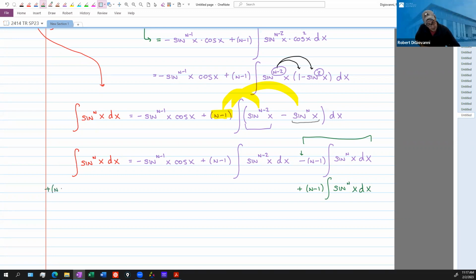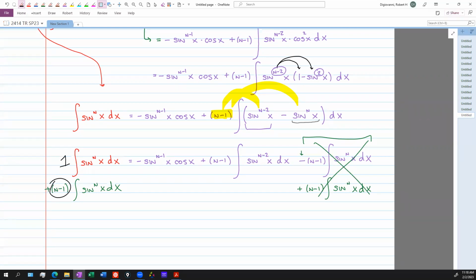So I'm adding n minus 1 of these integrals to this side. And then on the right side, of course, it goes away, right? And on the left side, if I have one of these integrals and I add n minus 1 of them, how many of them will I have?